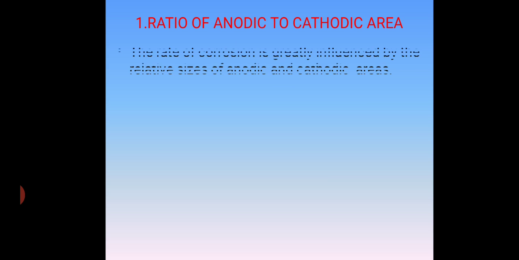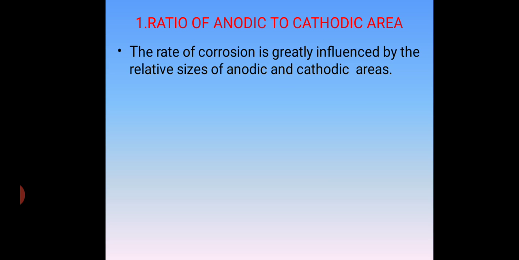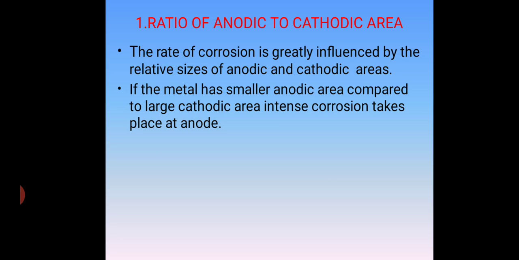Okay, we'll see the points. The rate of corrosion is greatly influenced by the relative sizes of anodic and cathodic area. If the metal has smaller anodic area compared to large cathodic area, intense corrosion takes place at anode.